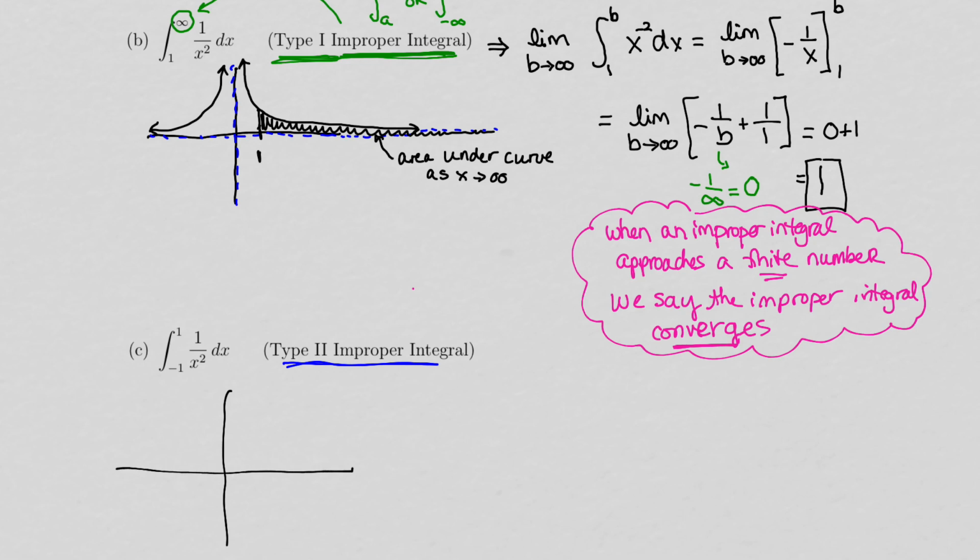Why is that second one improper? Is it because the negative one and the one are going to have the same value? You put them into x squared? Or it's the asymptote? Ah, they will have the same value, but it's the asymptote in the middle.